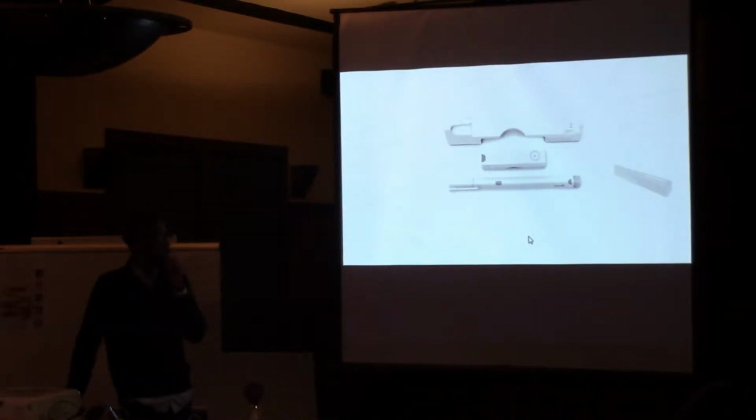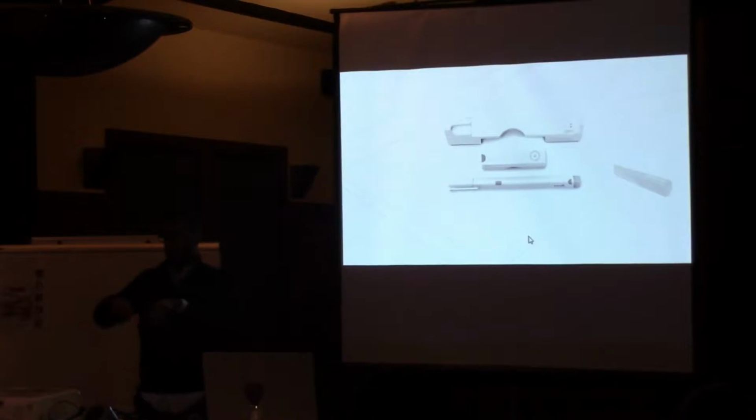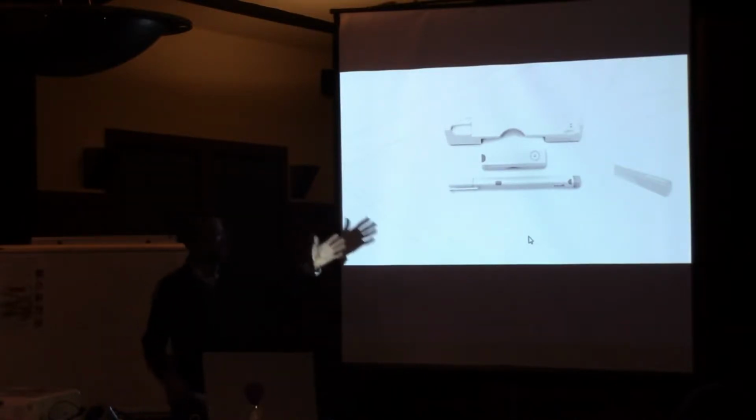Nice thing about the Equil pen is you don't have to have a specialized book that you're writing with. So with something like a LiveScribe pen, you have to have the specialized paper that they're writing on. With this one, it can work with any paper.